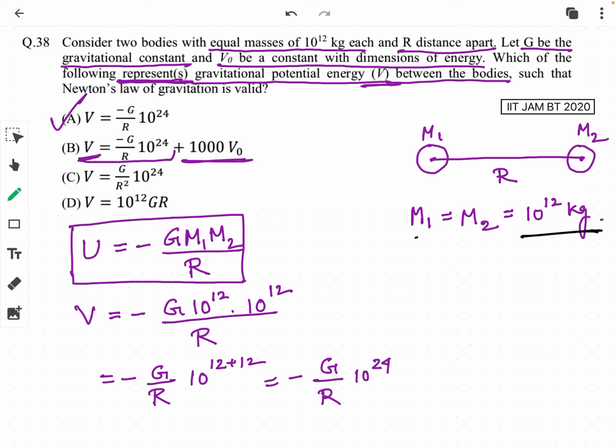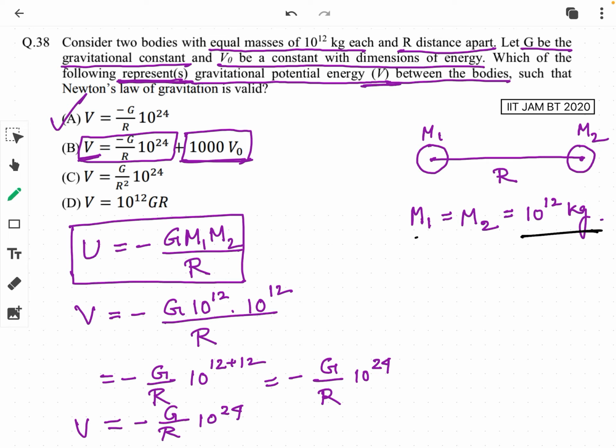We have found this in the previous option, which is correct: V equal minus G by R into 10 to the power 24. In the second option, this is the added term, 1000 V naught.